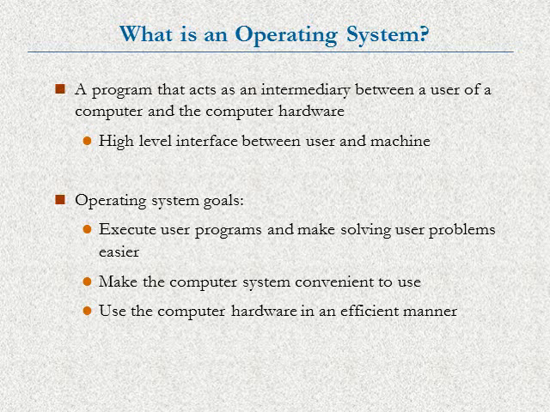The second goal of an operating system, which is within the definition, is that it makes communication between the user and the hardware convenient, and it provides you a way to handle those hardware in an efficient manner.